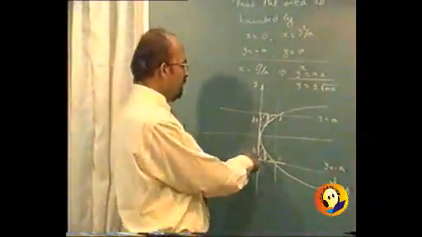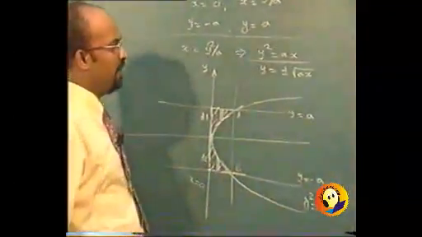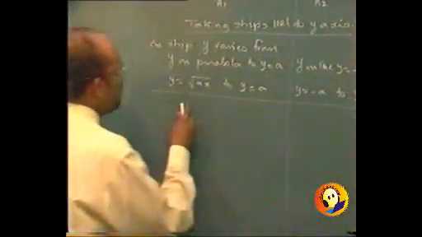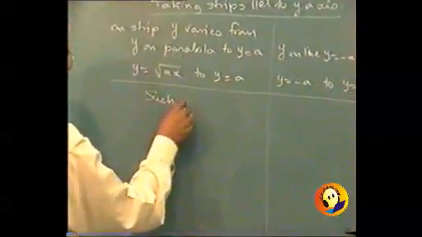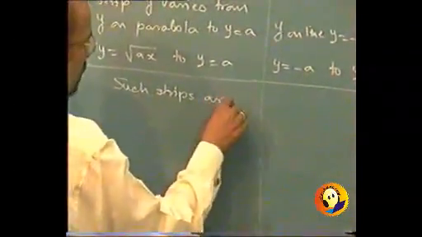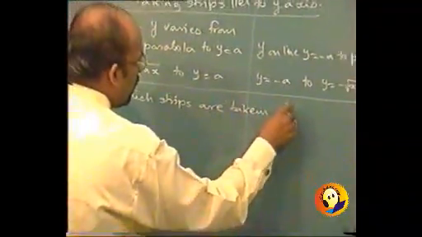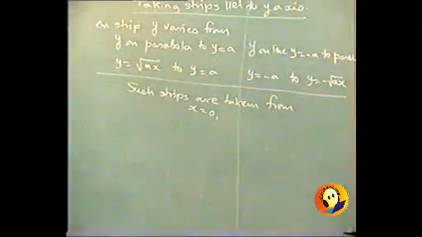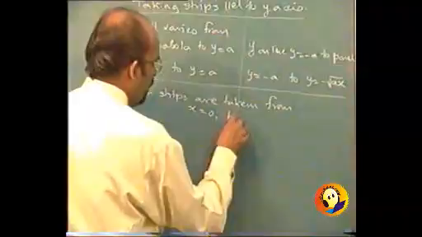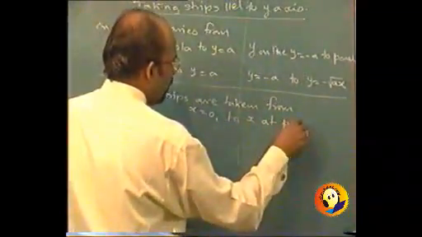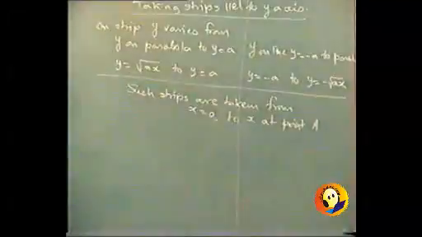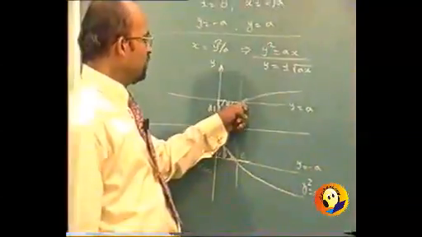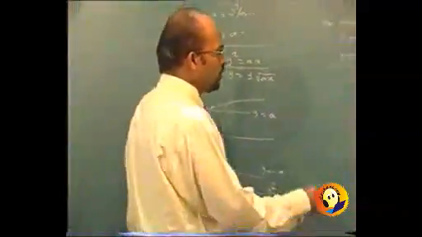Once we write the limits on the strip on each area, area 1 and area 2, we will go for the next discussion, that is, such strips are taken from x equal to 0, that is known, to x at point A, or it could be point P. So we are required to substitute this particular equation, that is y equal to a, in the equation of the parabola.